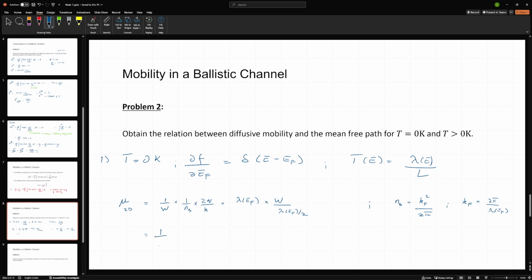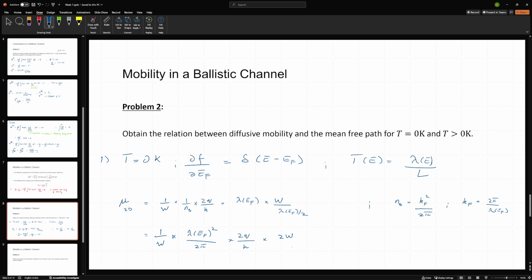So we have 1 upon w into lambda of ef squared upon 2 pi into 2q upon h into 2w.